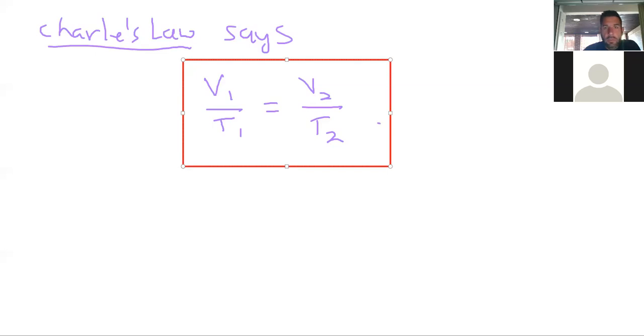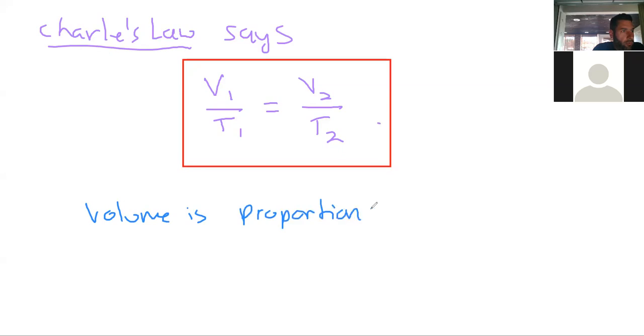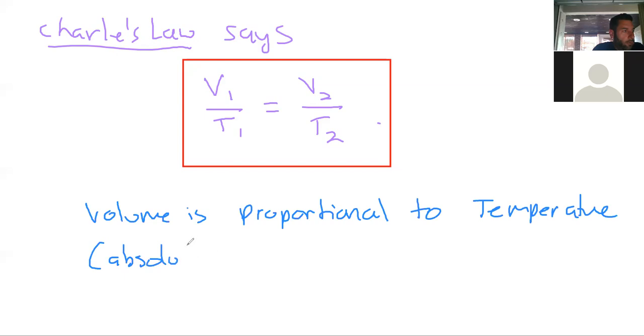But what does it mean in English? So what it means is volume is proportional to temperature. And we have to be very clear here. We're going to use what's called absolute temperature.